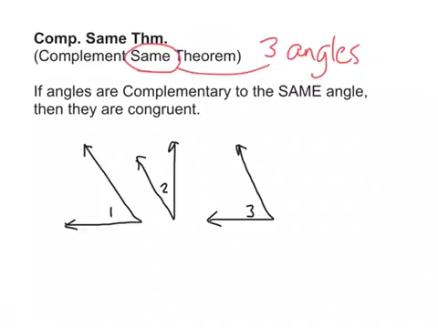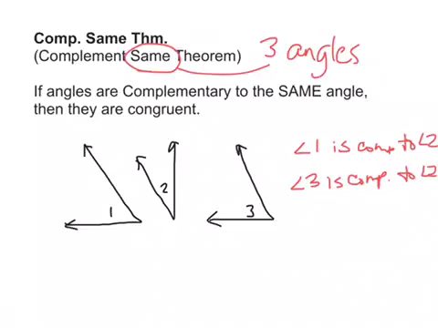What the theorem tells us is that if angles are complementary to the same angle, you would have to be given that information. You'd be given that angle 1 is complementary to angle 2, so we're saying that angle 1 and angle 2 are complementary, and you would also be told that angle 3 is complementary to angle 2.